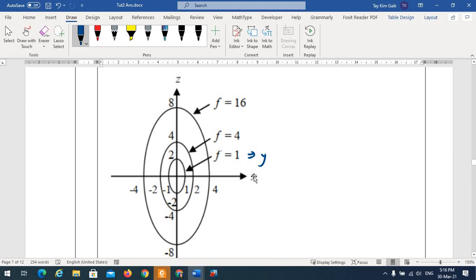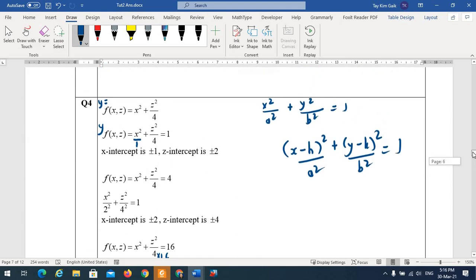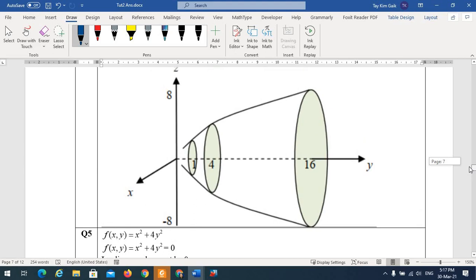So this is the ZX plane. Because when you press your ellipse down, you will get your level curve, or the projection on the ZX plane. That's why it's here. So this is a 3D graph of the paraboloid, which is parallel with the y-axis.